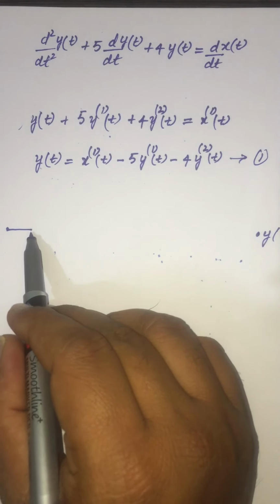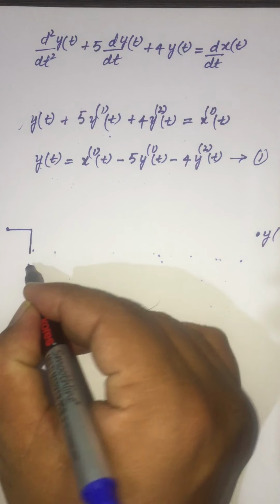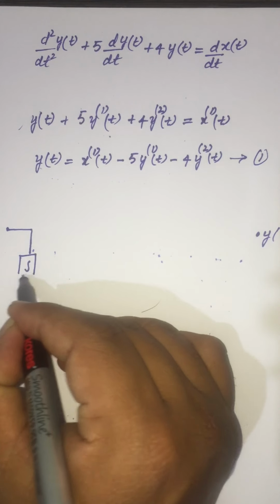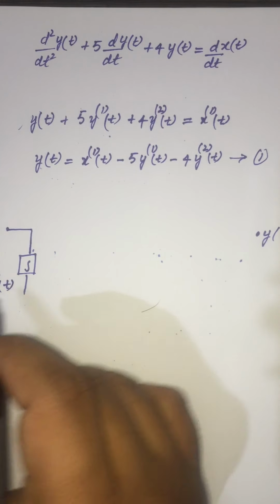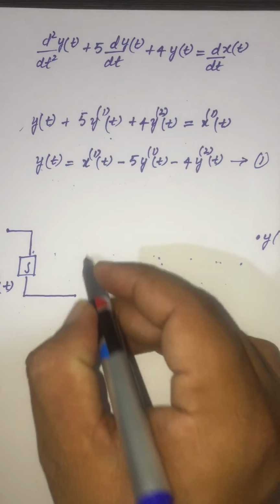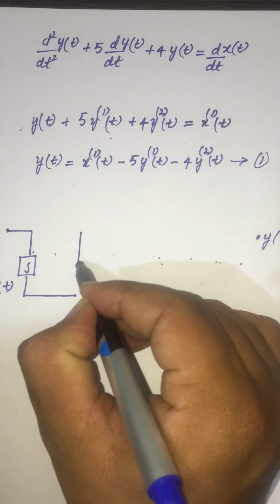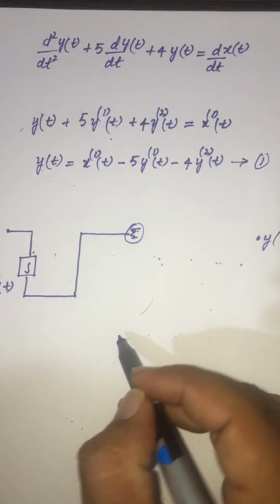Therefore, I cannot join this directly, right? Therefore, I need to integrate this once first. After integrating it, I'll be getting x1 of t. And the coefficient is 1. Here also the coefficient is 1. Therefore, I need to write nothing there. Correct? I need to give this to the main summation.